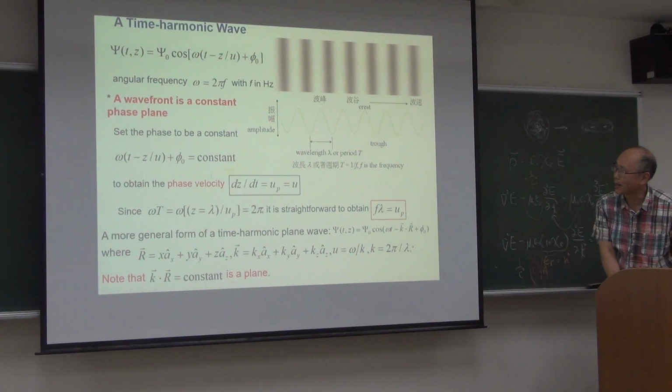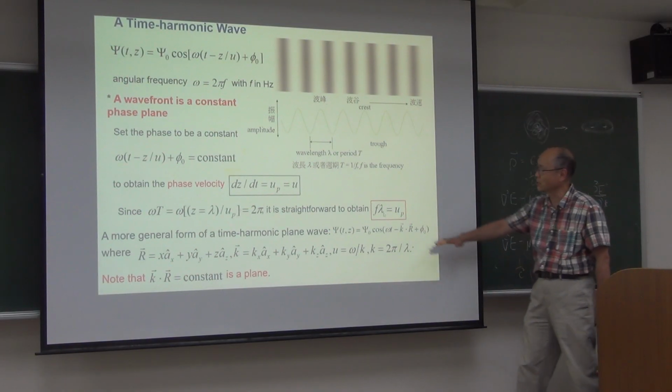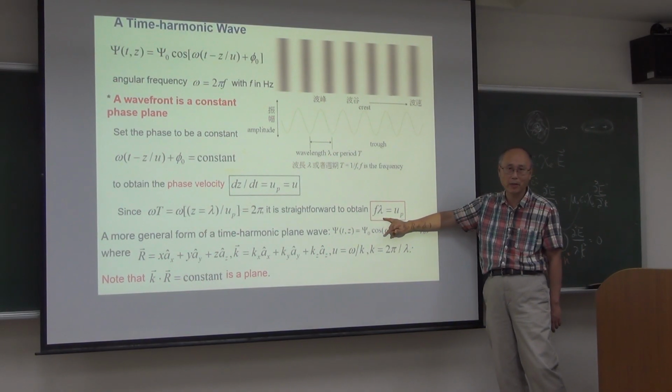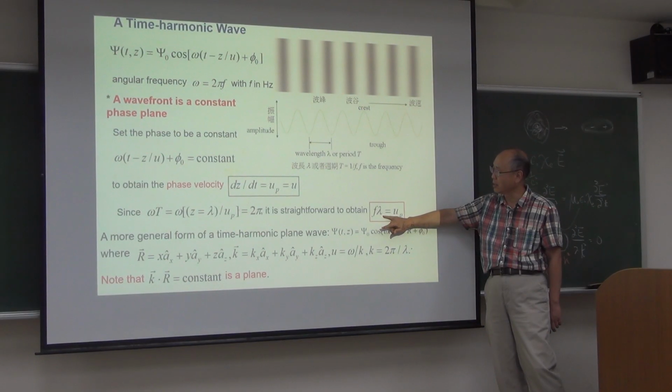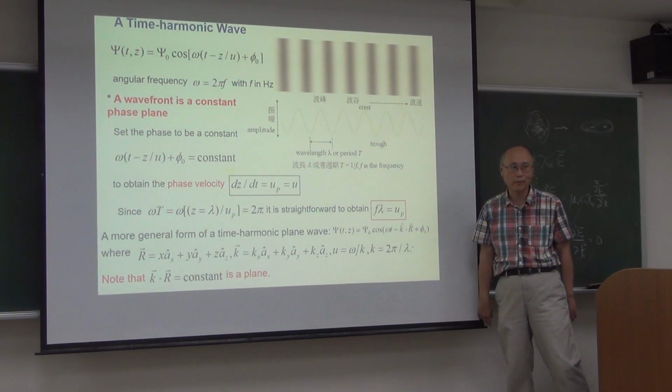Okay. Then you can also calculate the periodicity in time and also periodicity in space. The periodicity in time, you take an inverse of it. You get the frequency of the wave, and it is well known that the frequency multiplied with the spatial period gives you the phase velocity.